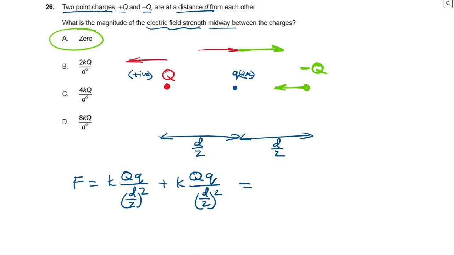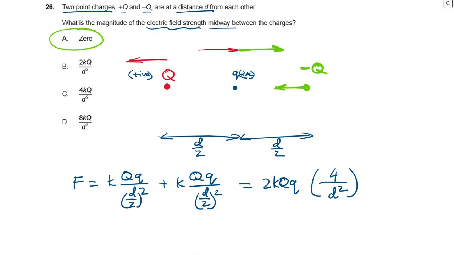So we have 2 times, that becomes 4. And we have 4 come up and d squared down.